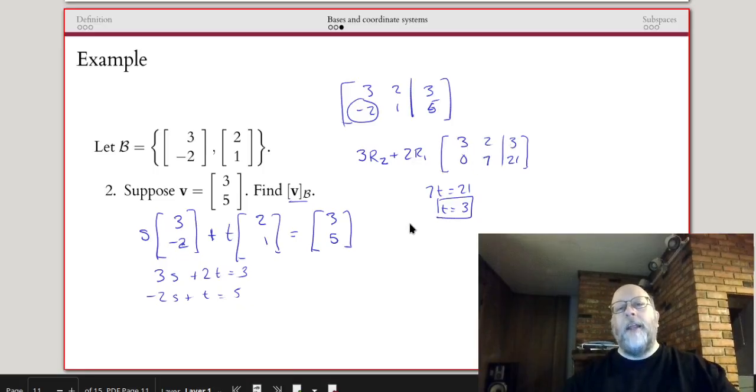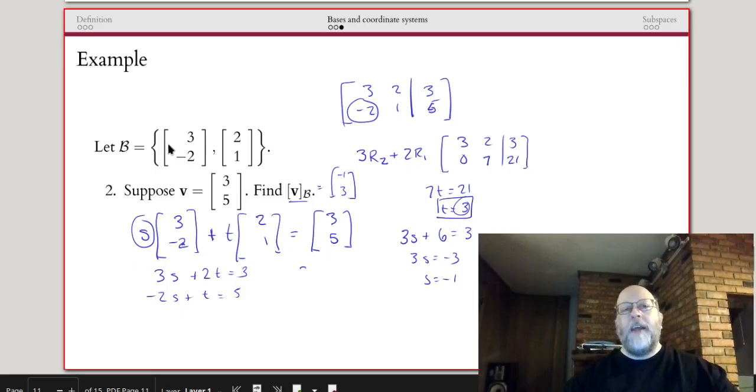And now if I plug that into the top equation, 3s plus 2 times 3 is 6 is equal to 3. So 3s is equal to negative 3. And so s is equal to negative 1. And so we need negative 1 copies of 3, negative 2 and positive 3 copies of 2, 1.